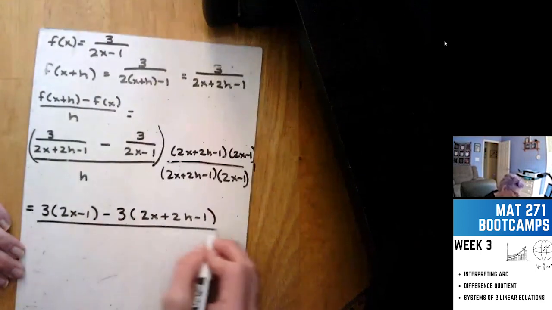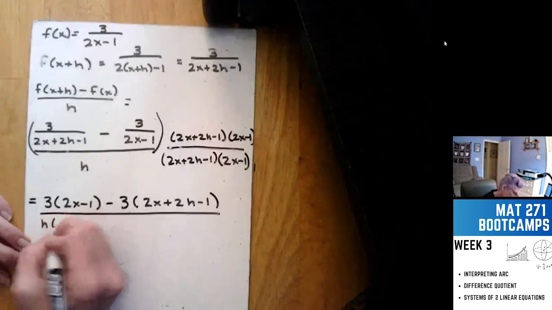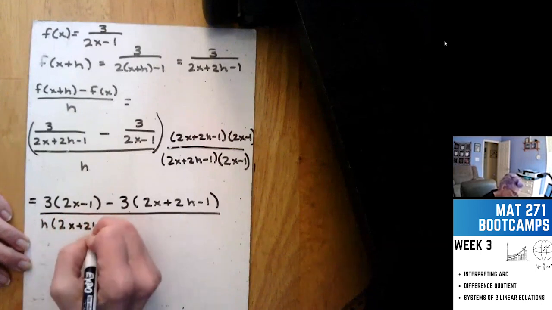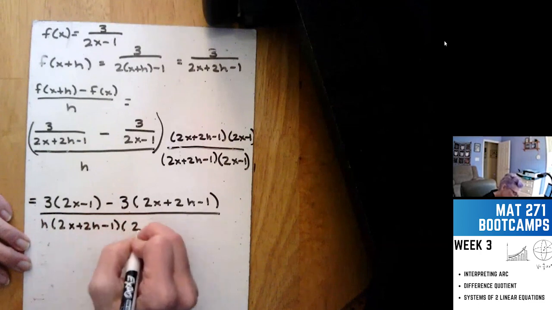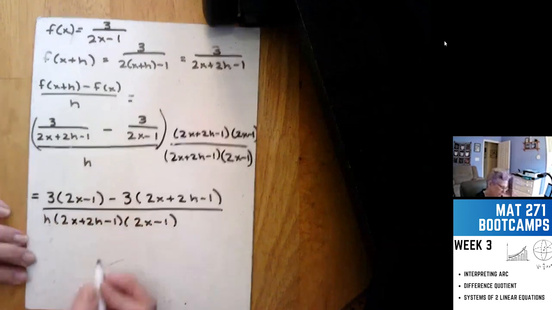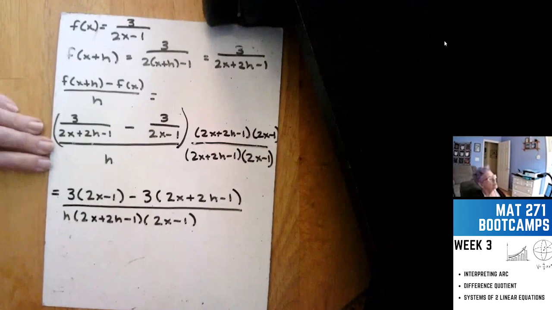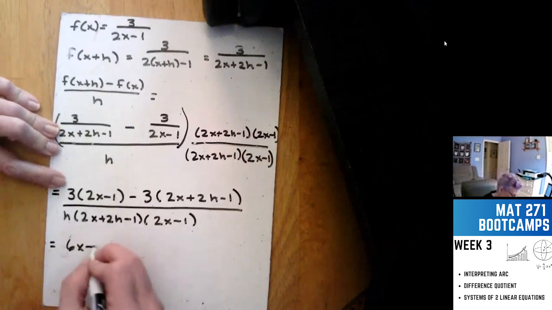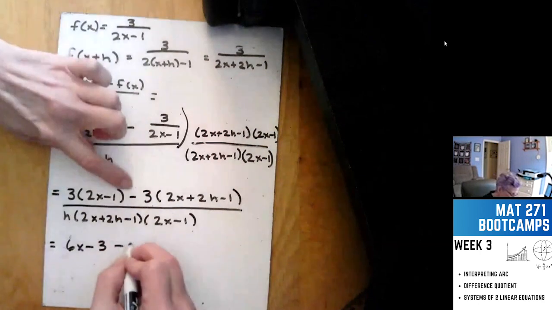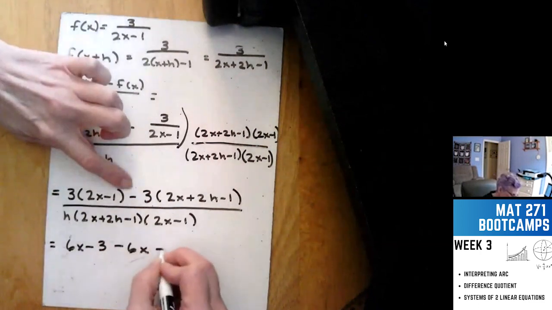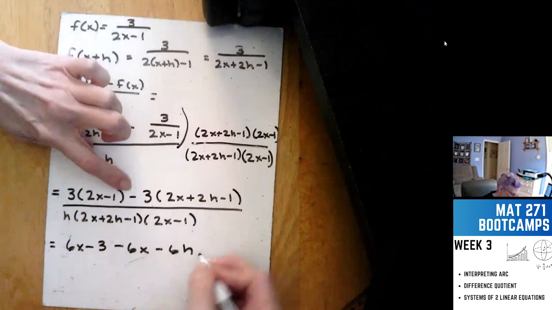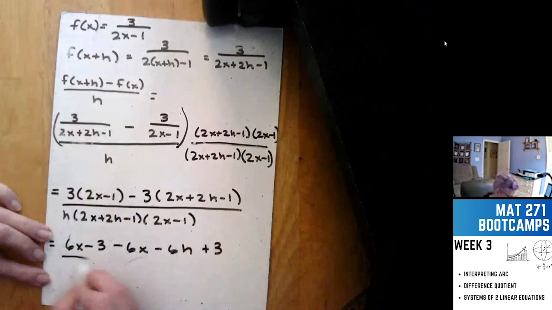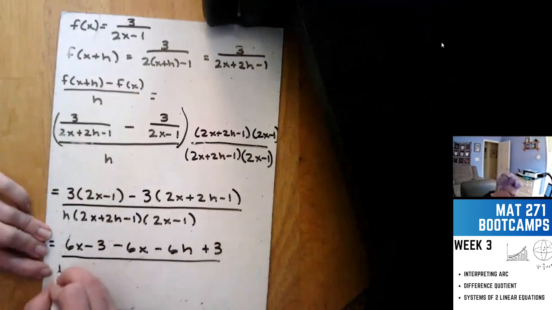And all of that is still sitting on top of h times the LCD. Now I need to distribute those 3's. So 6x minus 3 minus 6x minus 6h. Negative times a negative gives me plus 3 on top of that.